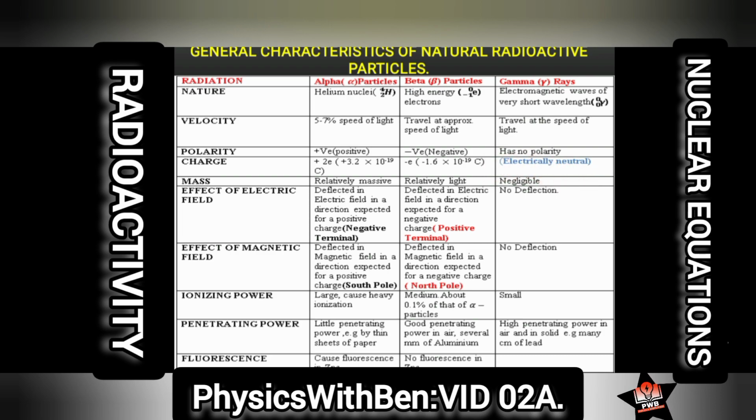And then the charge, it is electrically what? Neutral. For the polarity, it has no negative or positive. It is just neutral. The mass is very, very negligible. And effects in electric and magnetic field, it has no effect in both.